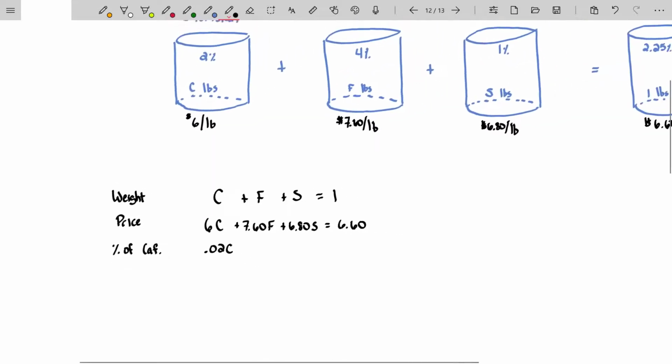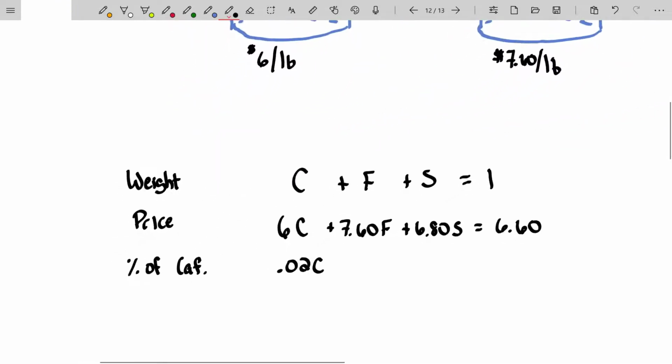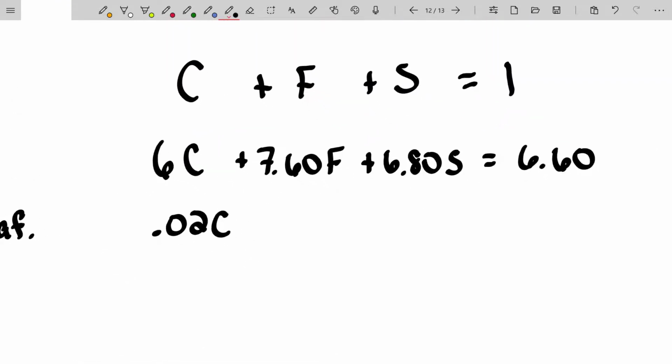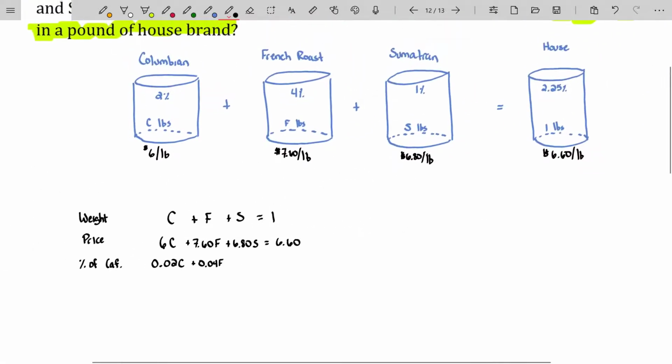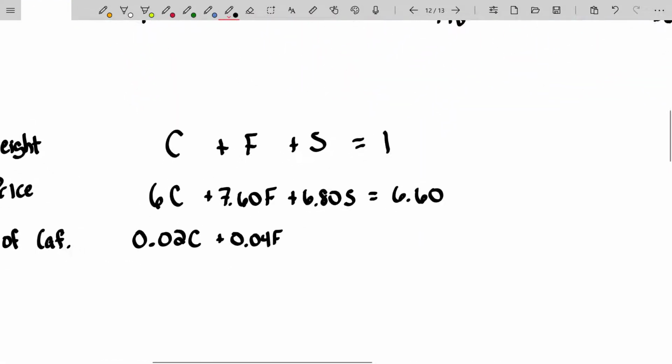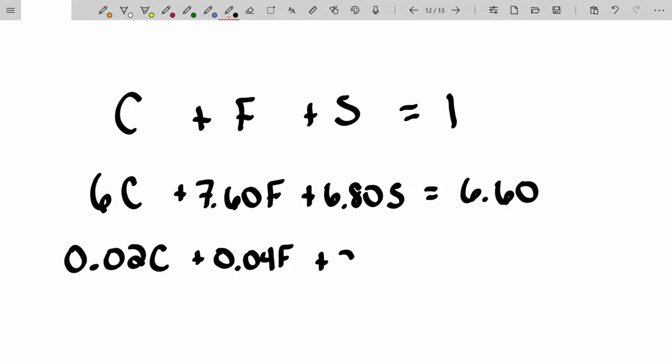The French roast coffee is 4%, so 0.04 times the number of pounds of French roast will be the amount of caffeine from that. And then finally, Sumatran is 1% caffeine, so 0.01 times S will be the amount of pure caffeine from the Sumatran.